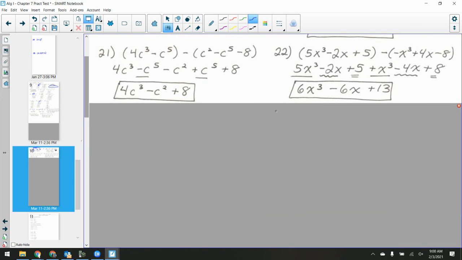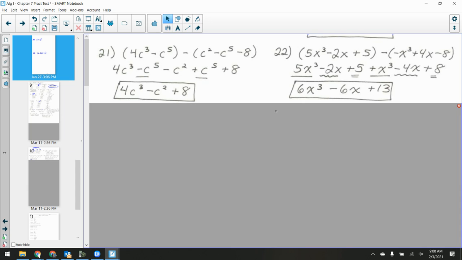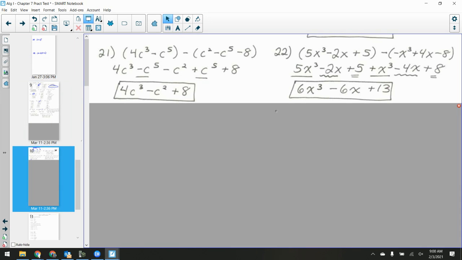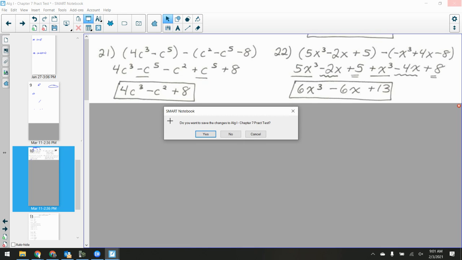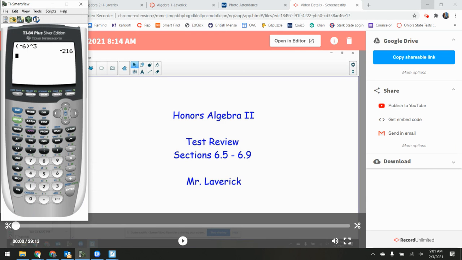Okay, number 23 and 24. Oops. That's weird. But it didn't freeze. It just froze like that page. I don't know what to do. What if I minimize it and bring it back up?